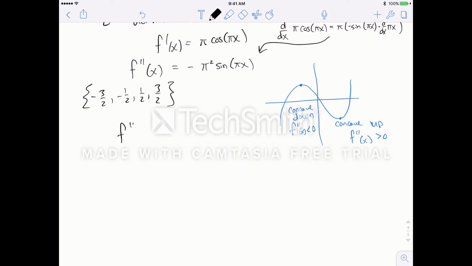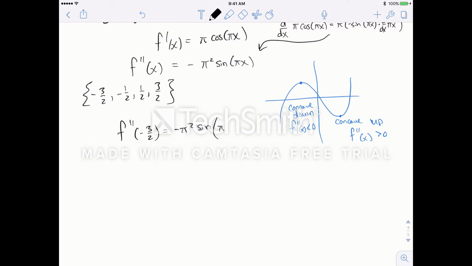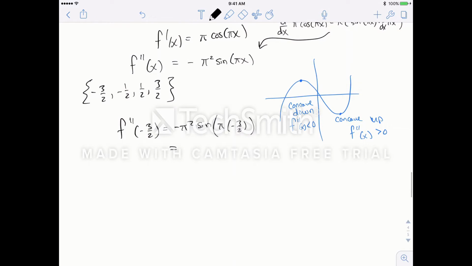Okay, so let's do it. F double prime of negative 3/2 is negative pi squared sine of pi times negative 3/2. So that's negative pi squared sine of negative 3 pi over 2.